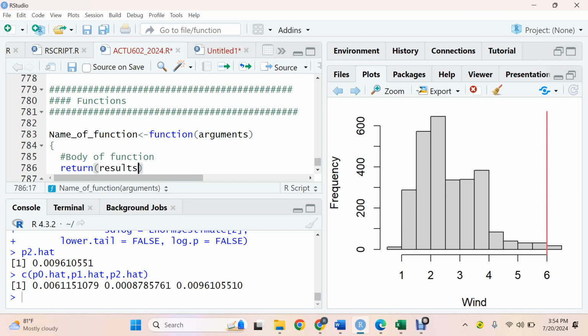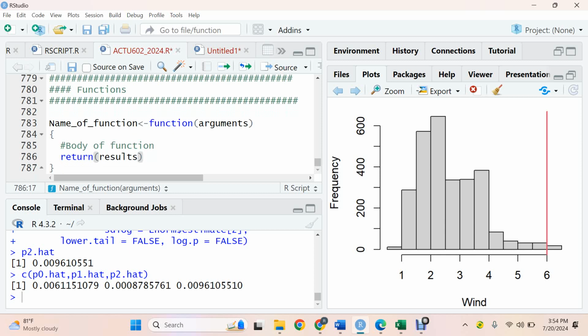So this is the structure. It needs a name, the keyword function, then the arguments you put in. Then you write some body of the function and then the result. Is that okay? All right.